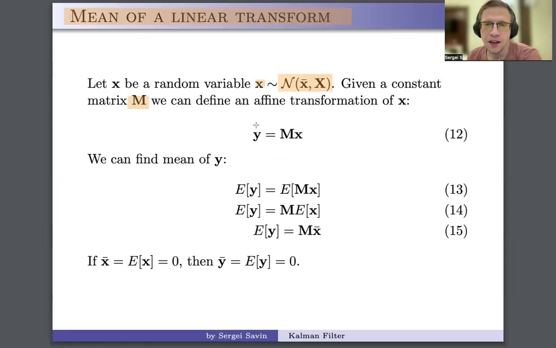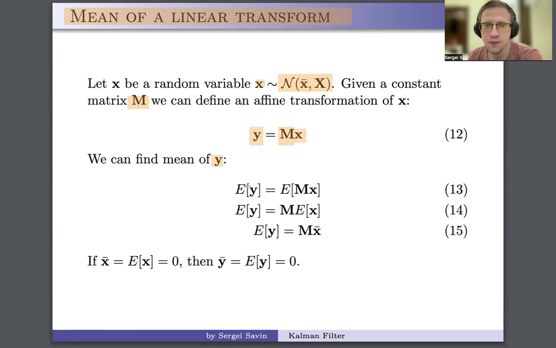So we can define an affine transformation of X as Y equals M times X. But X, remember, is a random variable, right? So let us find the mean of Y. Well, we already did it on the first slide, so it's not like we're doing anything new. But let's just do the exercise.